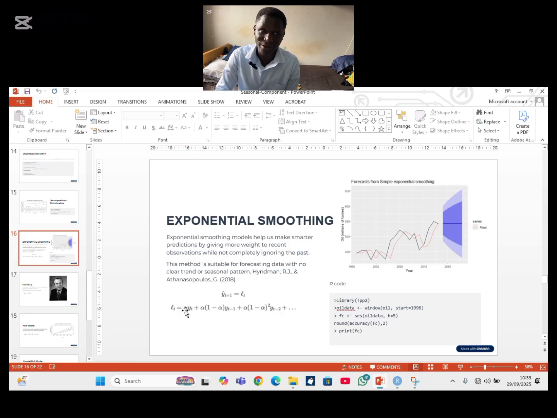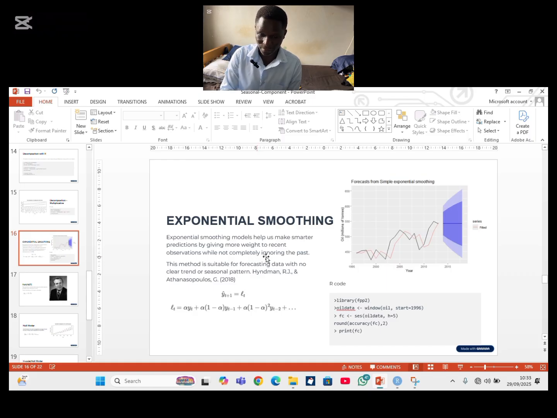So we multiply alpha times y at time t, and the next weight is alpha in brackets, 1 minus alpha, which we multiply by the value in our series at y t minus 1. So basically, the more we go into the past, the smaller these weights become. That is very important because it helps us define how exponential smoothing works.